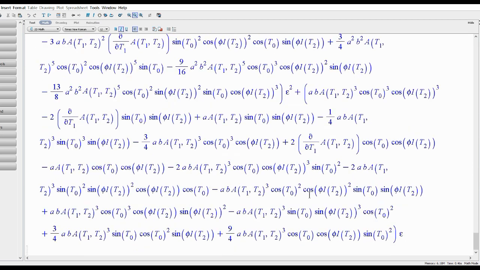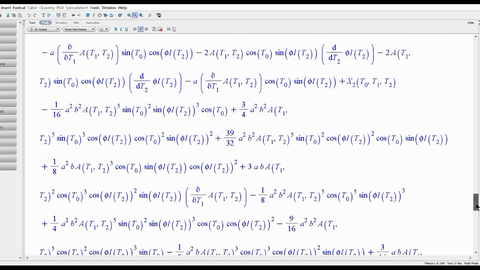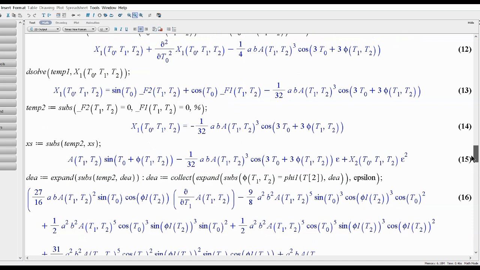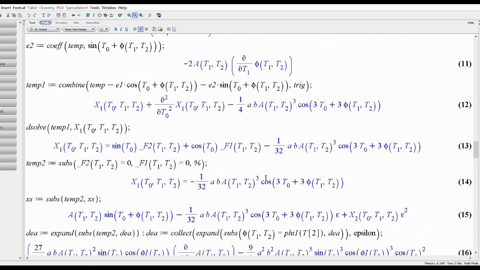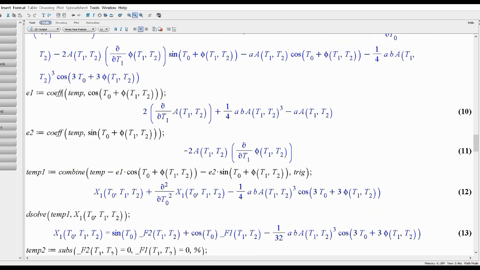There is an order epsilon term here, but actually the order epsilon term has gone because dt of a1 we should have substituted. So let's do that here, and it will be easier. So here's what we will do. E1 is given.